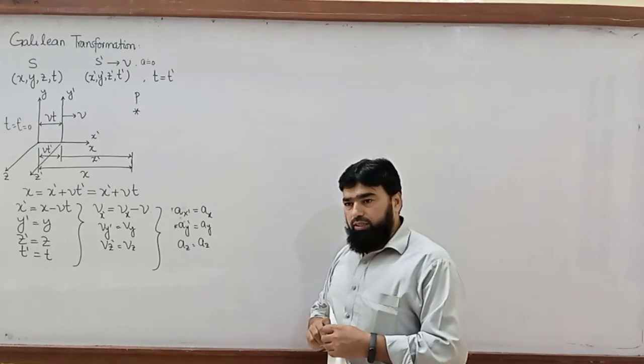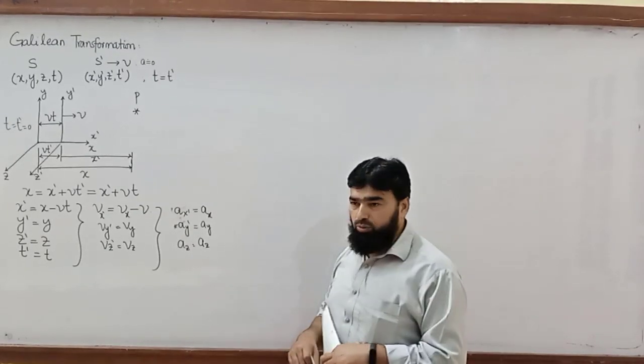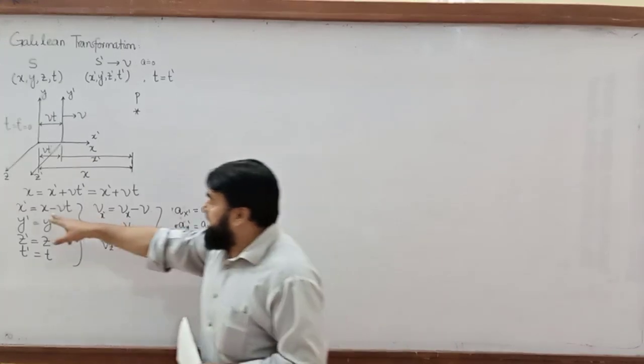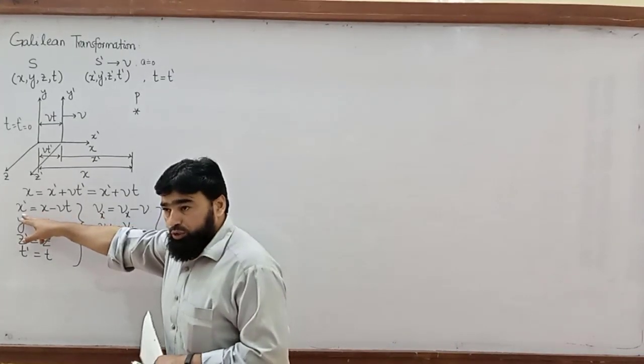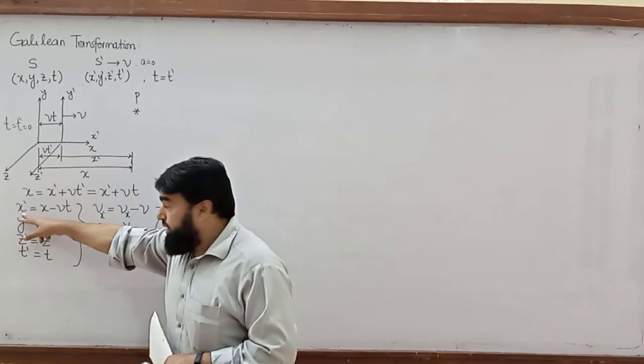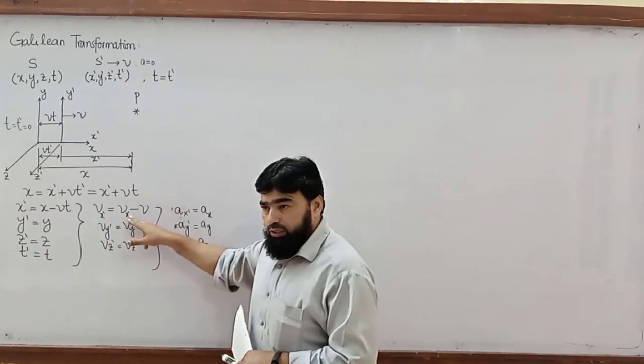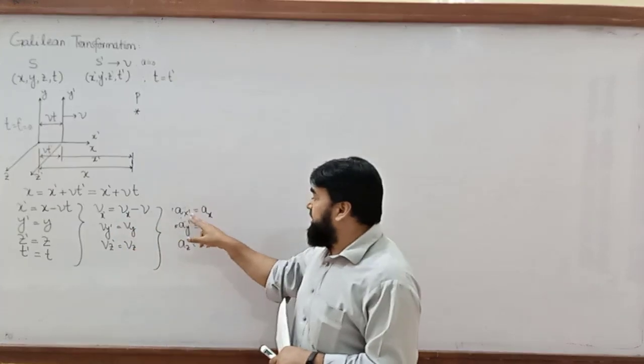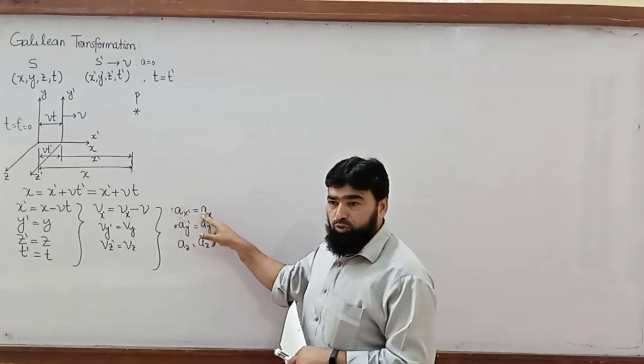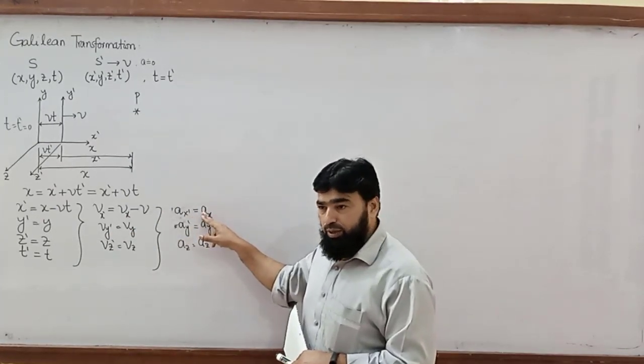And something strange came out. We saw that x is not equal to x prime. We saw that vx prime is not equal to vx. But the acceleration in both the frames comes out to be the same.